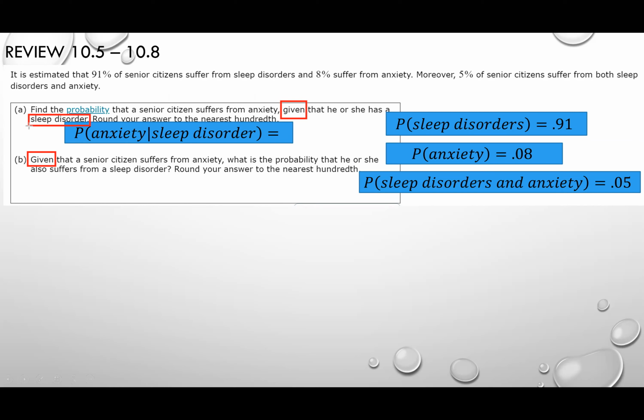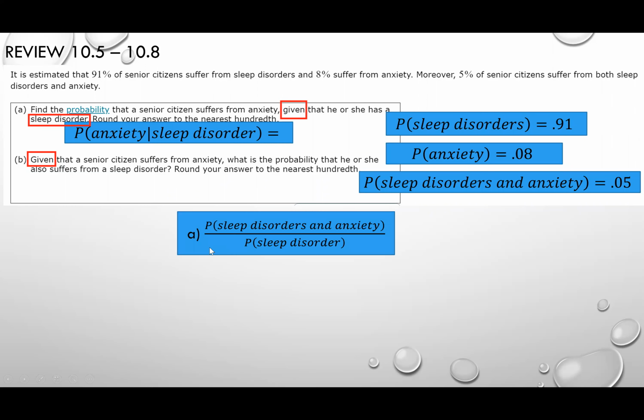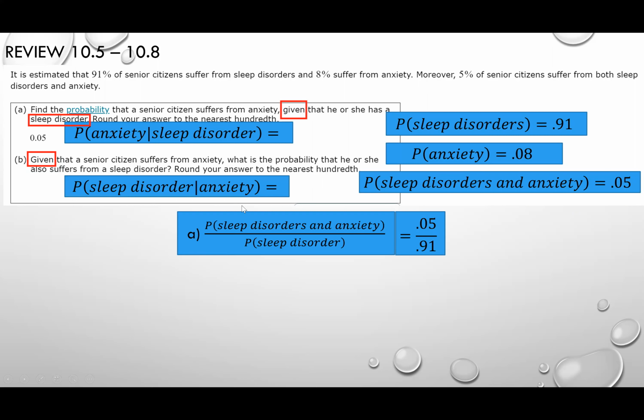And all we do is look at what is after the given, the sleep disorder. So the sleep disorder will be your new denominator, which is 0.91, and the combination of the two, the and, is 0.05. Divide these and you get the answer right here.